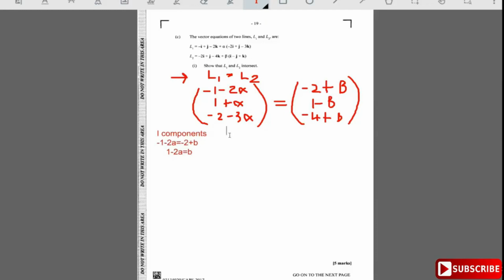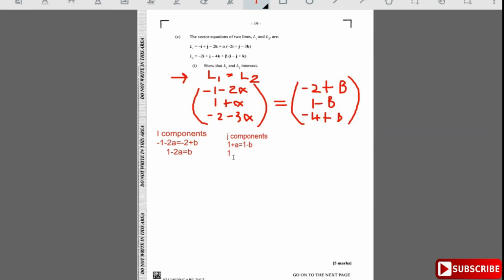Now let's compare the J components. So looking at the J components, I can see that 1 plus alpha is equal to 1 minus beta. But then we said beta was 1 minus 2 alpha.